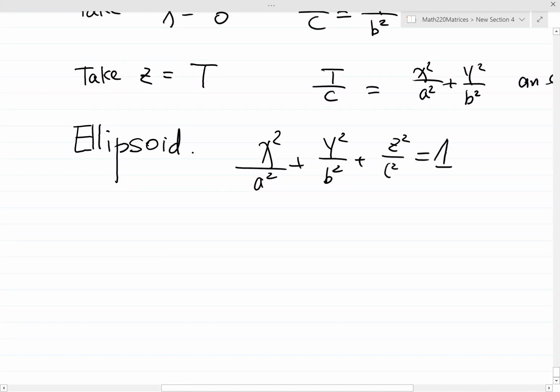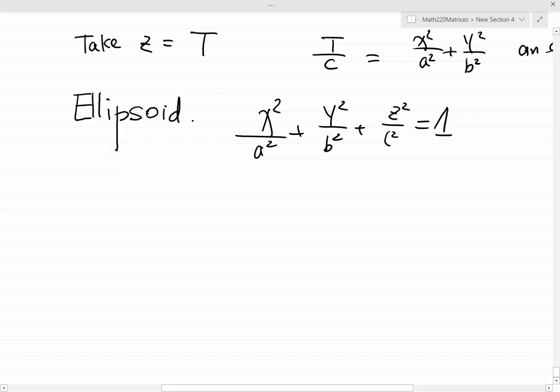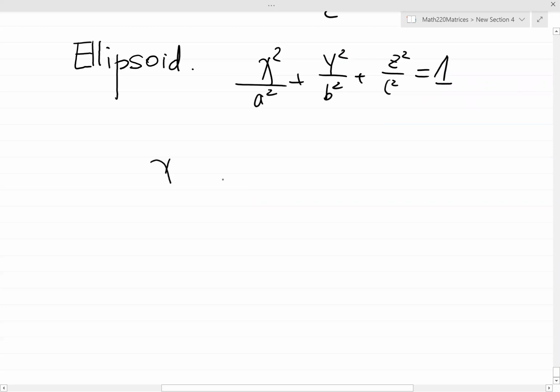So this looks like a football. You know, if a equals b equals c, then we get x squared plus y squared plus z squared equals 1. This is actually the unit sphere, just the surface.